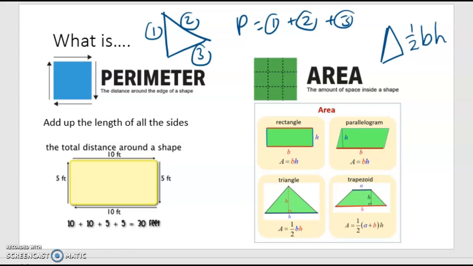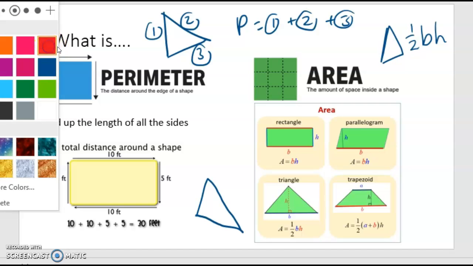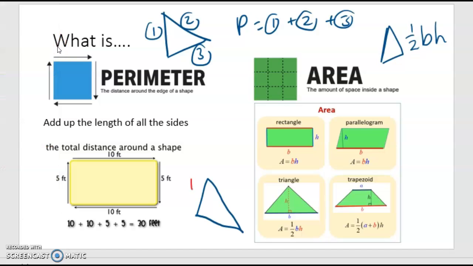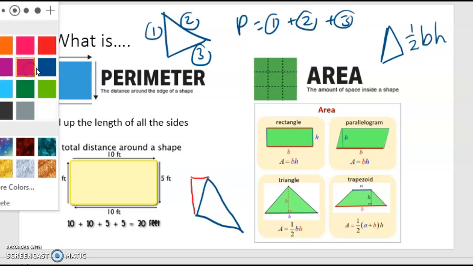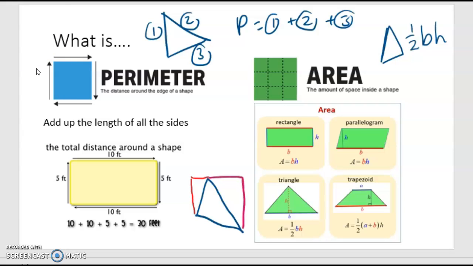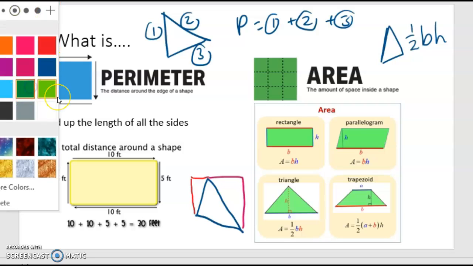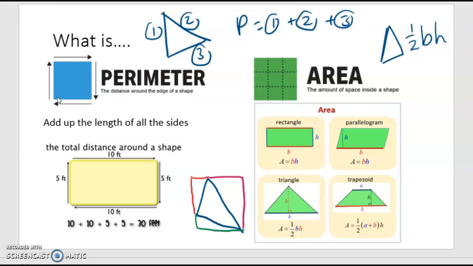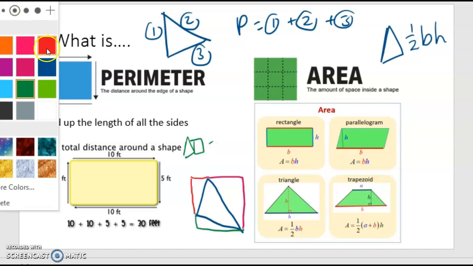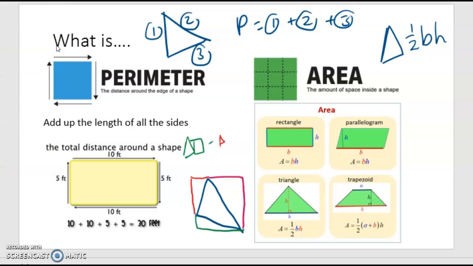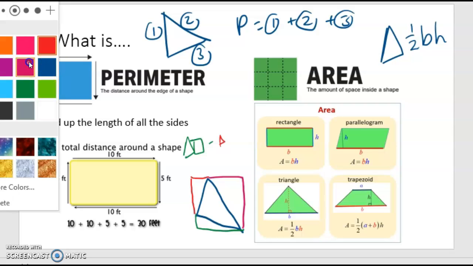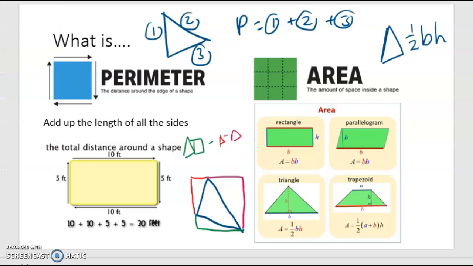Now, there are some challenging things that you might face. If my triangle looks a little wonky, and I certainly think that my drawing is a little wonky, you can always create a rectangle around your triangle so that the area of the blue triangle is actually the area of the box minus the area of the red triangle, minus the area of the purple triangle, minus the area of the green triangle.